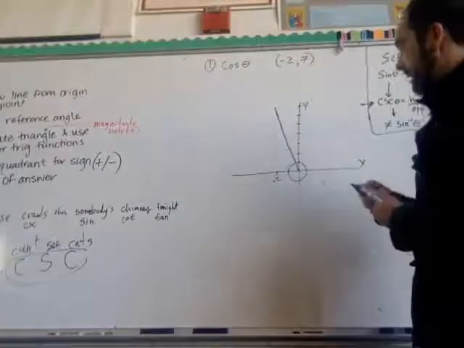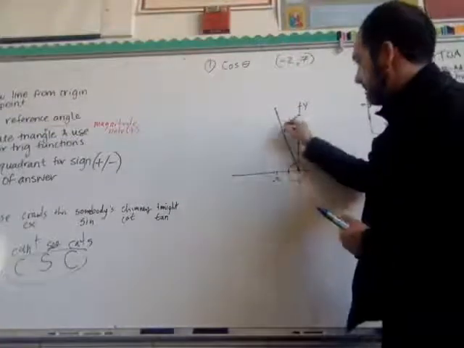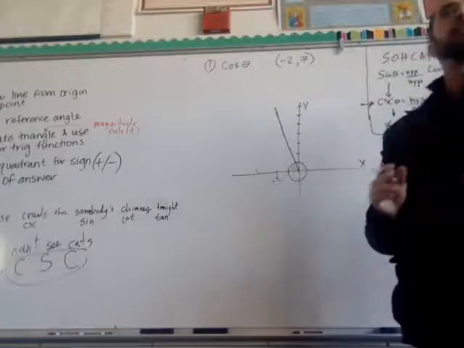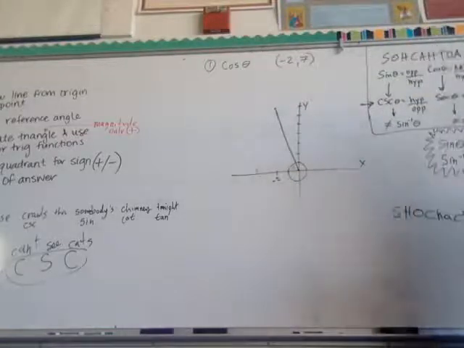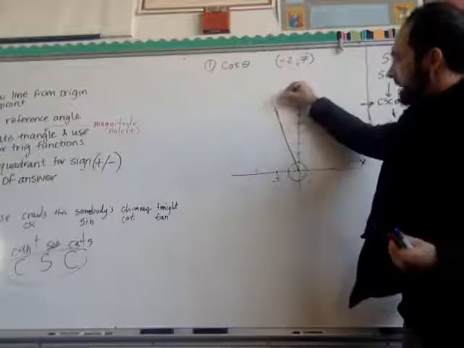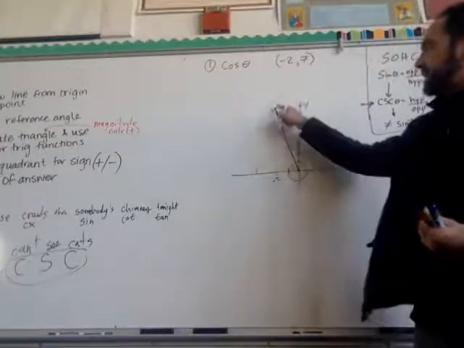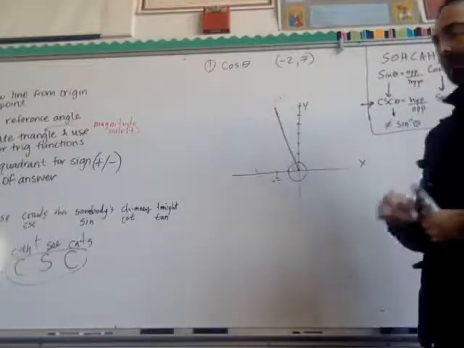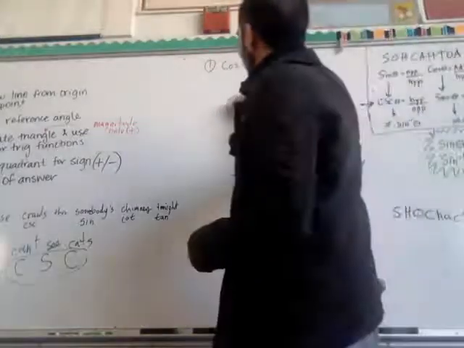The quickest way to get to the x-axis is here. Because the point out here is negative 2, 7, I know that from the origin it has to go into, which quadrant is this? It's definitely second. Good.